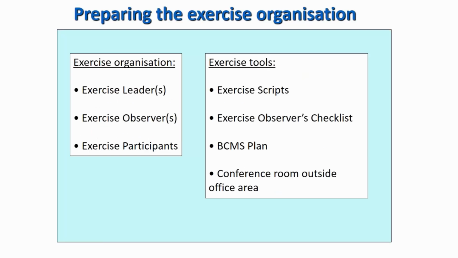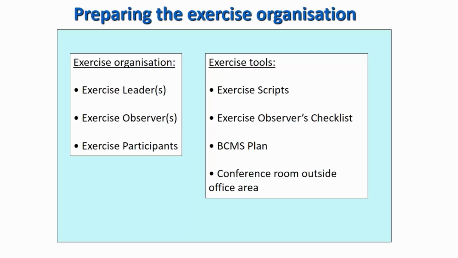When you do a prepared exercise, you have an exercise organization with an exercise leader or leaders, one or two, exercise observers, and then of course exercise participants, the teams.